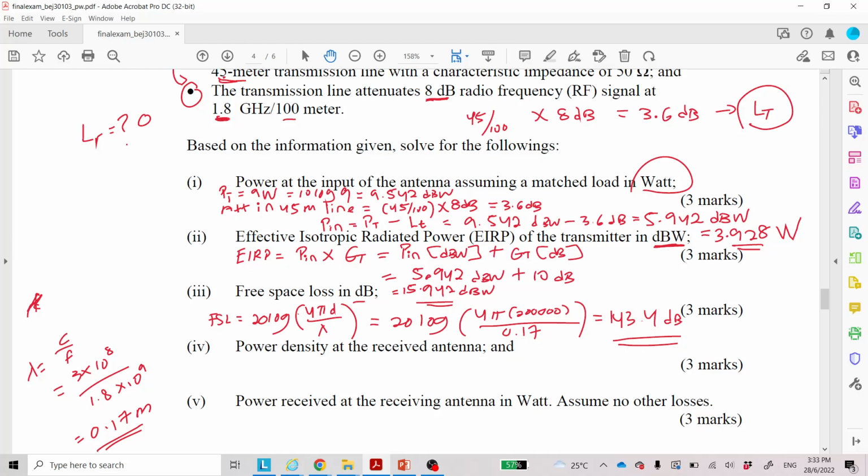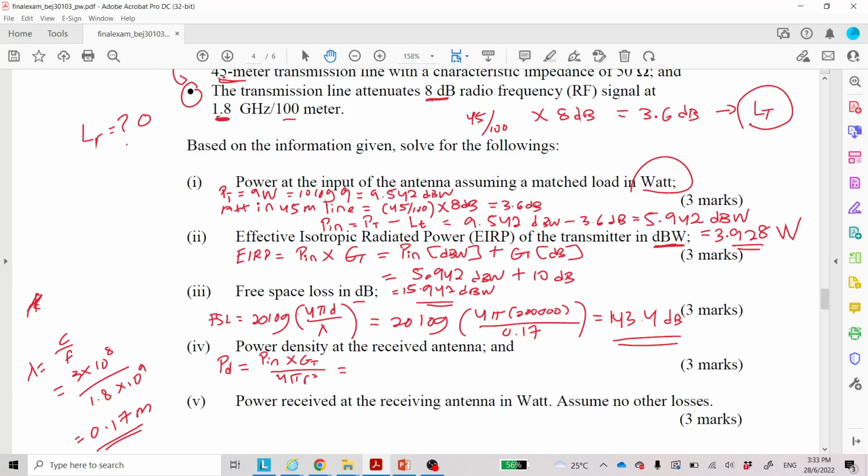So power density is equal to P in multiplied with GT, divided by 4 pi r square.